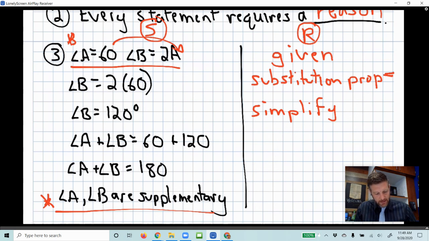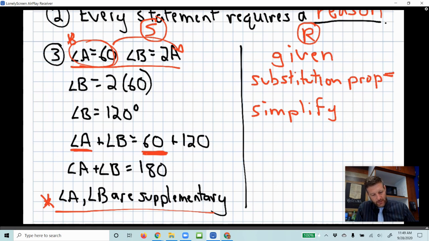Alrighty. Then they said angle A plus angle B equals 60 plus 120. Well, how did they do that? Well, they simply used the addition property of equality, because you can see that they had B equals 120, and then they added the same thing onto both sides, which in this case was the fact that A equals 60 up here.